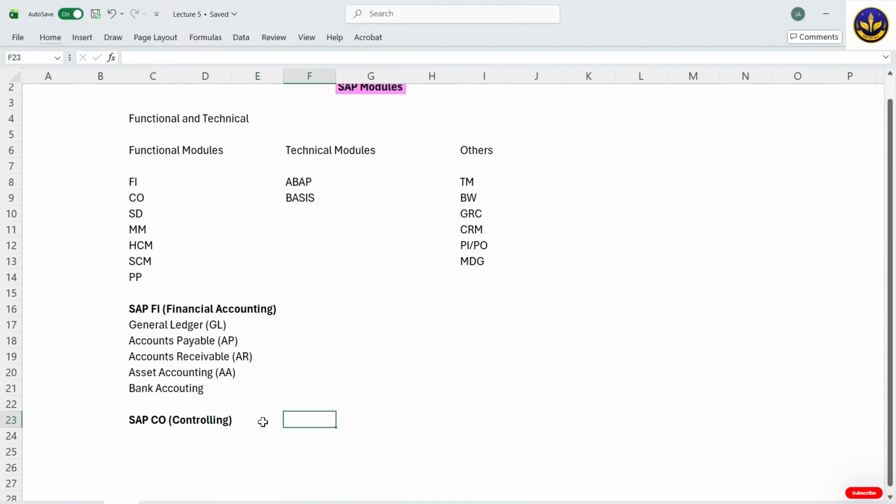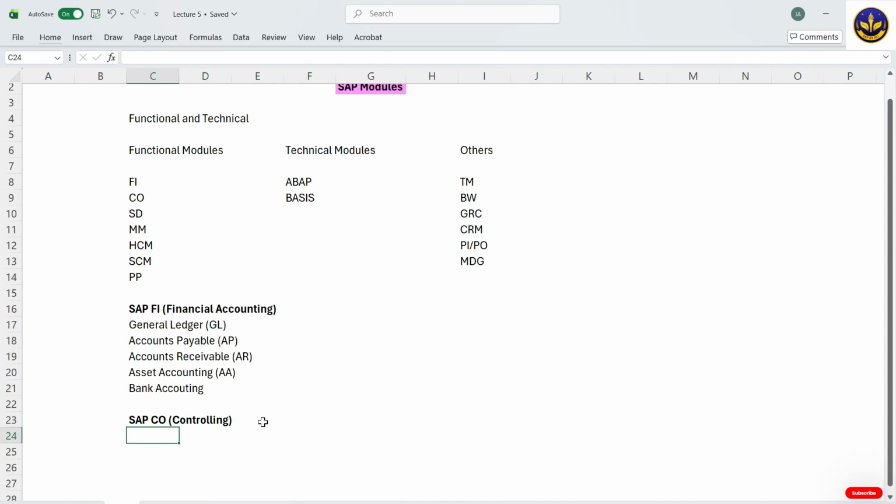So CO actually helps us to prepare the statements or track the cost and revenue which are presented to the internal management, which takes the decision to decrease the cost and increase the profitability. They try to check in which segment, division, customer, region we are getting good profit and where we are incurring more. So to control the costing and increase the revenue, these statements are prepared and presented to internal management of the organization.